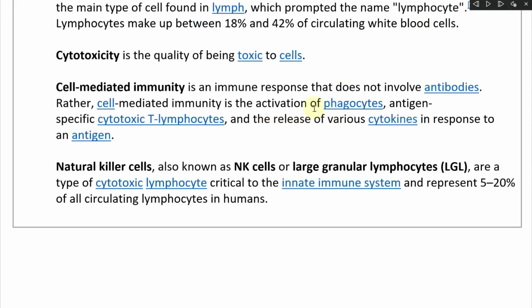This basically involves the phagocytes, which is just engulfing the pathogen with cell membrane and so on, or other methods. And then also cytokines, you have these small proteins, part of the complement system. And you also have antigen-specific cytotoxic T lymphocytes just go and attack the antigens, as opposed to the antibodies that remember a pathogen or antigen, and then it basically connects to them.